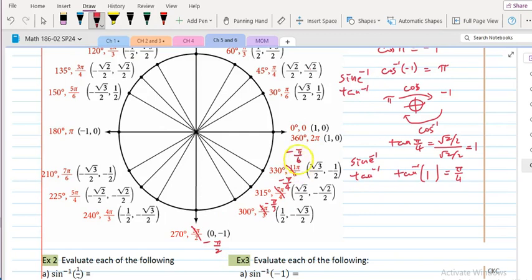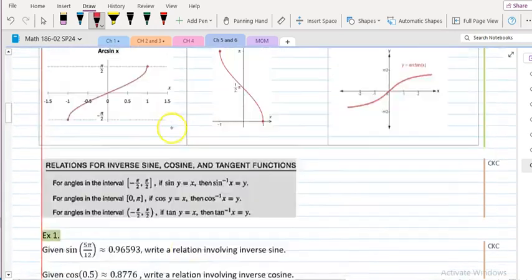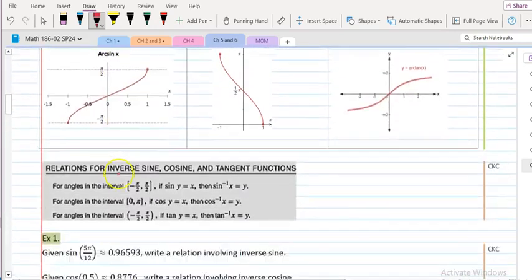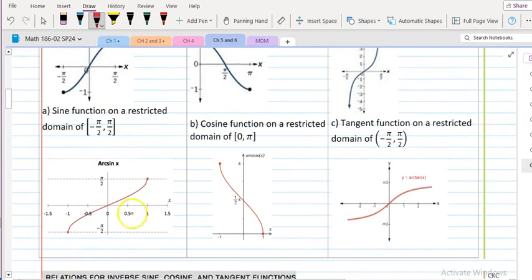Why can't we use 11 pi over 6? Because it's not contiguous. Think about it. If you have an angle from negative pi over 2 and then to 0, it is continuous. You can graph the function nicely, and then the inverse graph would just be a reflection over y equals x, and it will be very nice.